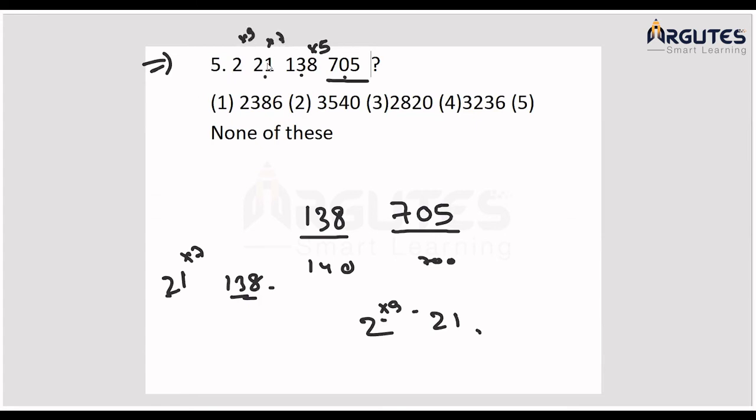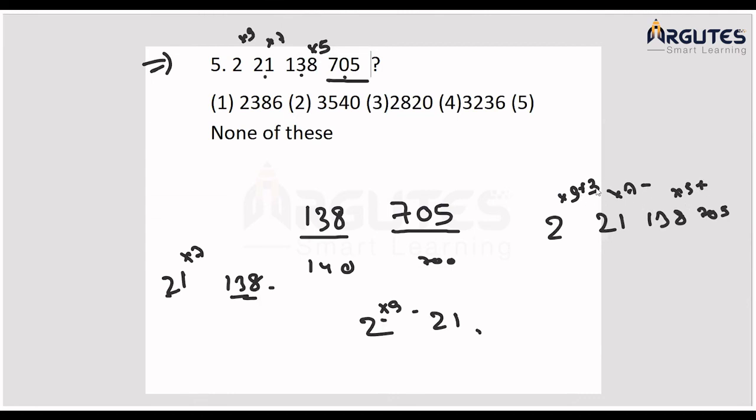So okay, you can try it by this. If you write 221, 138, 705 into 5, into 7, into 9, so into 9 plus 3, into 7 minus something, then into 5 plus something.